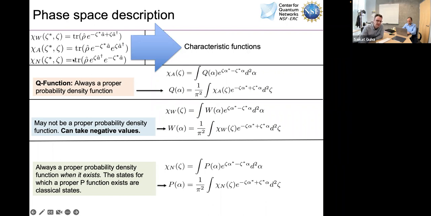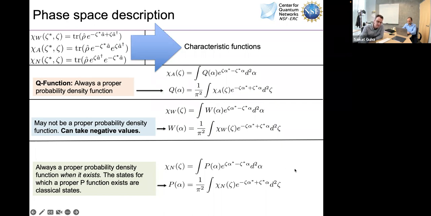And if you take the last one, the normally ordered characteristic function, as they call it, you get the so-called P function. Now, each one of these has its own value, depending on what you want to do. For example, the Q function, no matter what state you are examining, is always positive and normalized, of course, to 1. So this is always a proper PDF.